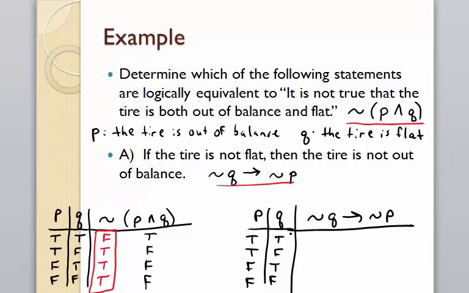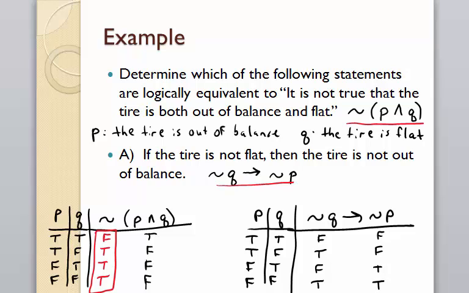For the negation of Q, we're going to do the opposite of these values. So we'll have false, true, false, true. And for the negation of P, we'll do the opposite of these values. So we'll have false, false, true, true.